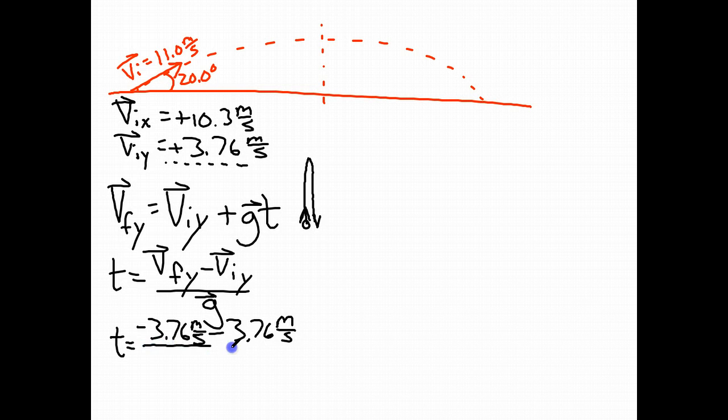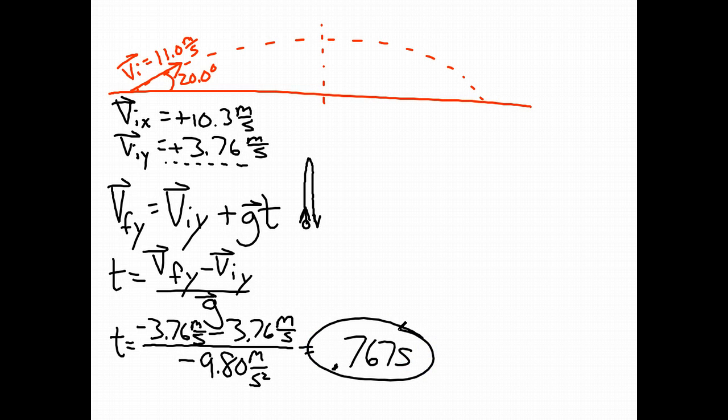Sometimes students will think that the top is 0, but negative 3.76 minus 3.76 is going to give you a negative number on the top, divided by negative 9.8 meters per second squared. The one thing to notice about time is that it can never be negative. So I have a negative number on the top, I'm dividing by a negative number on the bottom. This is 0.767 seconds. This is a number that you're going to need to know and use.